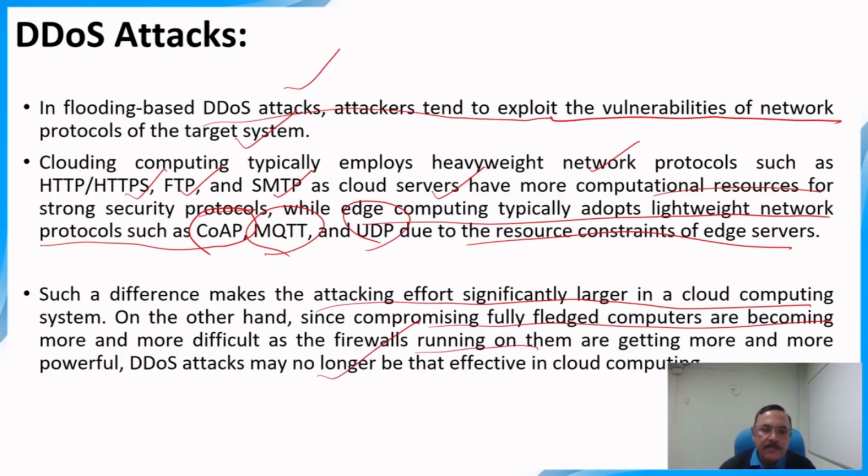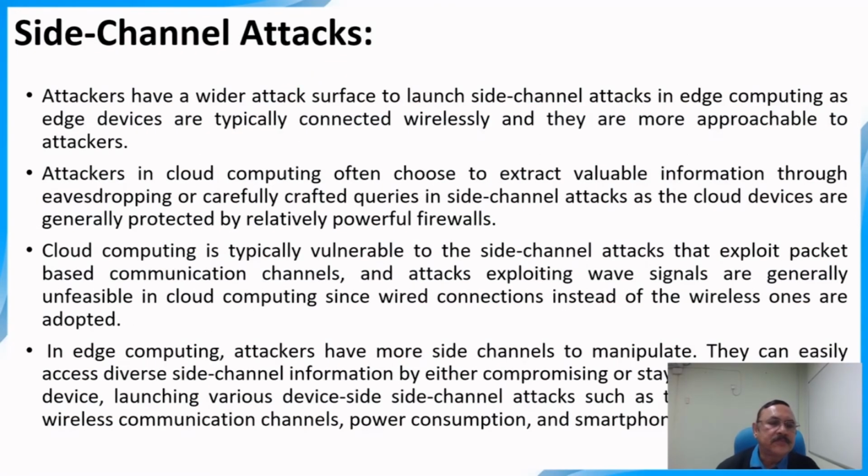So, DDoS attacks may no longer be effective in cloud computing, but for side channel attacks, the attackers have a wide attack surface to launch them in the edge computing, as the edge devices are typically connected wirelessly and are more approachable.